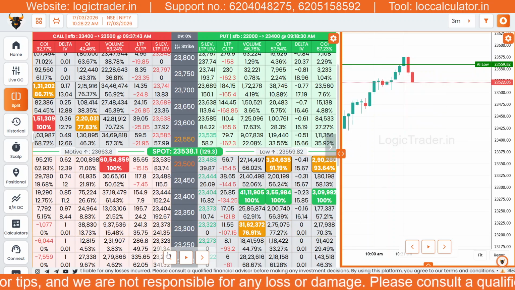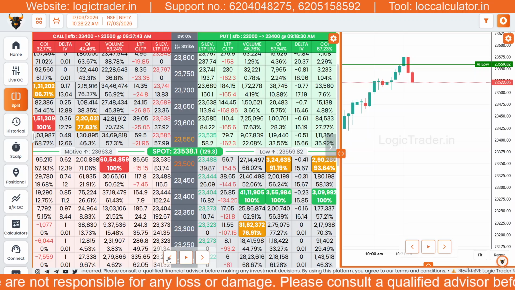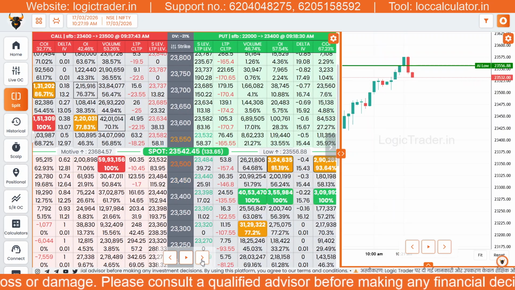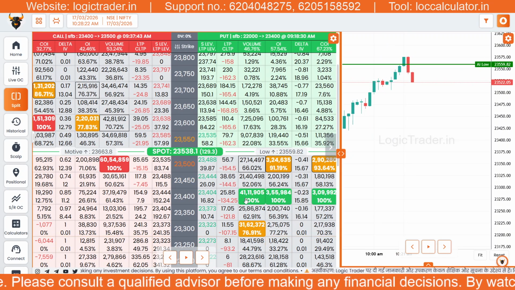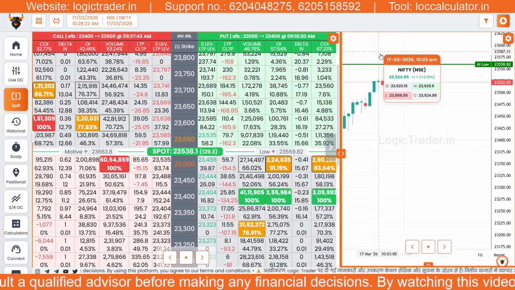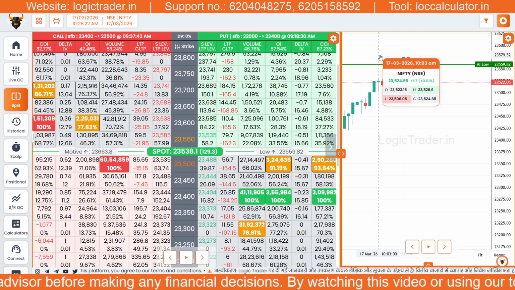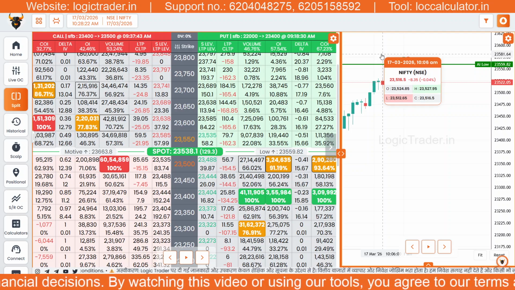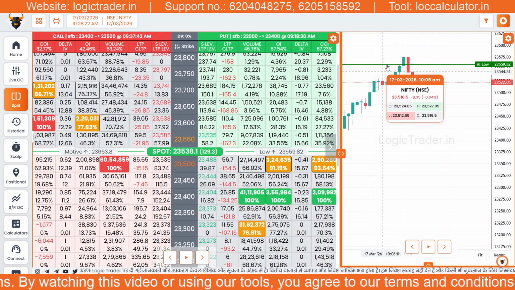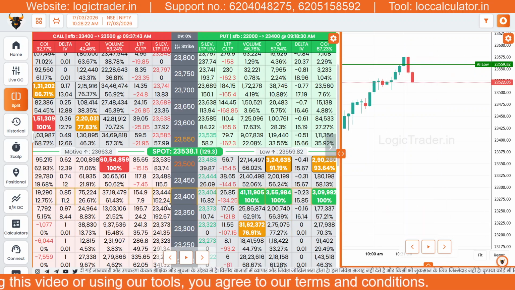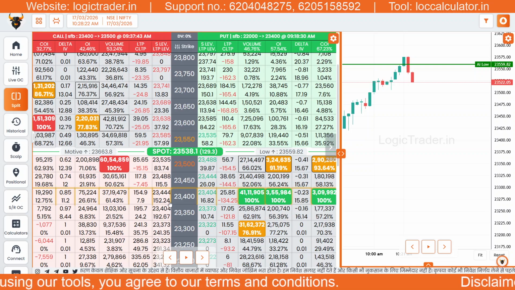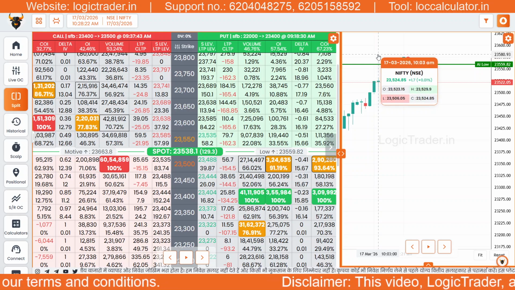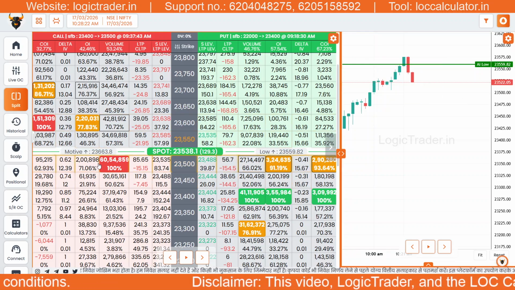Firstly, the level the motive was showing was around 585, as we watched. The market has reached that level, around 584 and 585. So we achieved this target by using the Motive AI tool. After exiting, we will wait for Motive to update again.